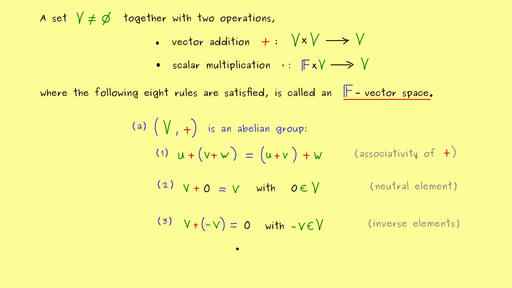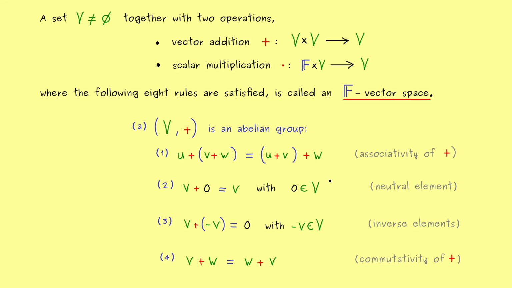More precisely, it means that for each lowercase v in our vector space V, we find another vector we call minus v, such that the addition gives us the zero vector. So the requirement here is that all the inverses with respect to addition also lie in our set V. Okay, and then the last rule I already told you about, it simply means that the addition is commutative. Hence, it does not matter in which order we add up two vectors.